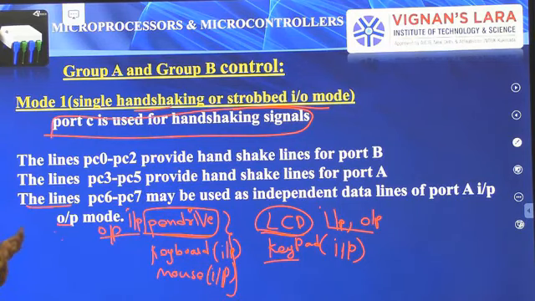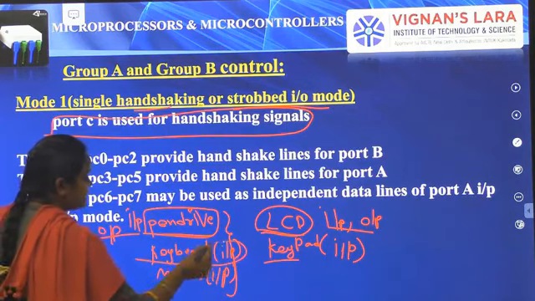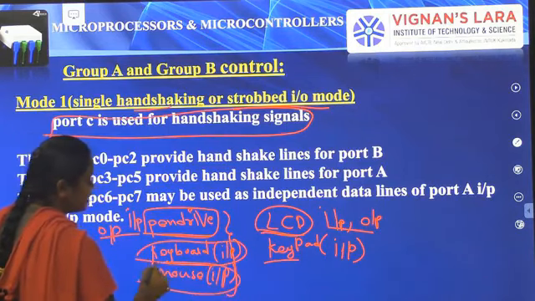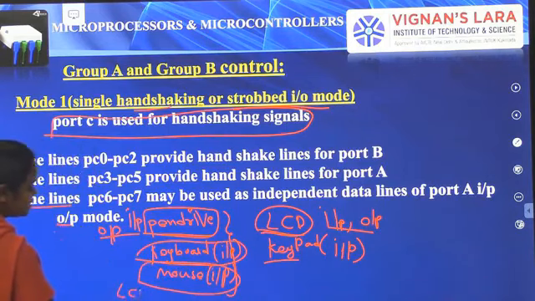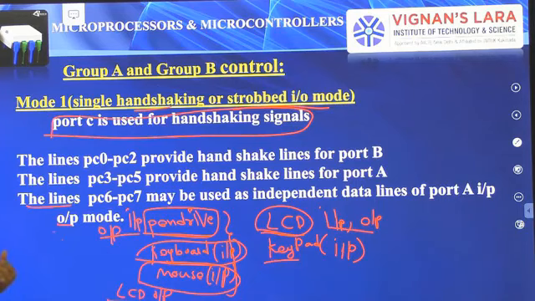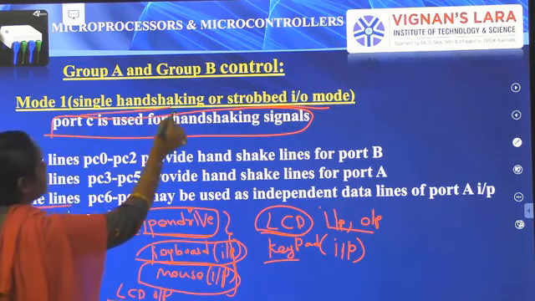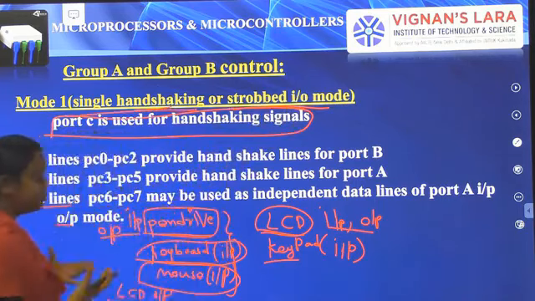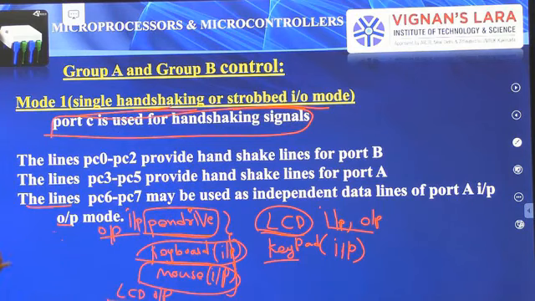That device acts as an input. Port C is used for handshaking like that. The keyboard acts as an input, the mouse acts as an input, or the LCD acts as an output. In mode 1, we provide only a single handshaking signal. Single handshake, strobed input mode, means we provide either input or output, not input and output at a time.